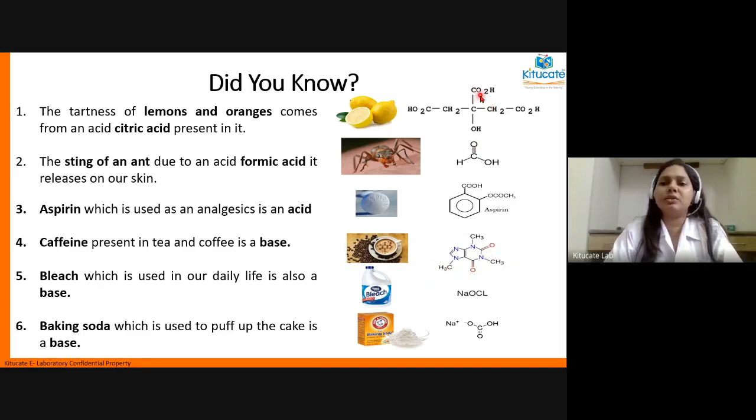These are just for your understanding. You will probably not understand the chemical structure as of now, because you will be studying all of this after your 10th standard. This is just to show you that every acid and every base has a chemical structure, apart from the name that we write, like how we write carbon dioxide as CO2.